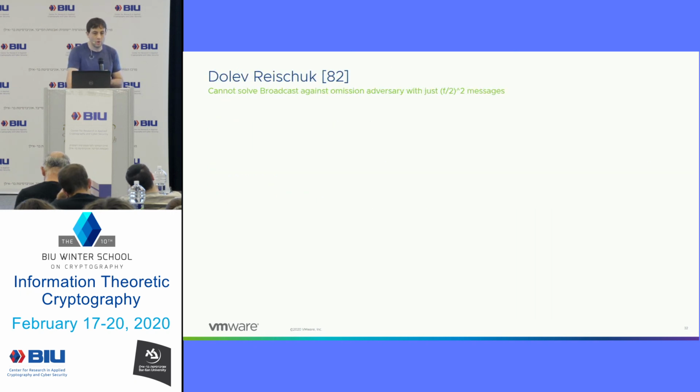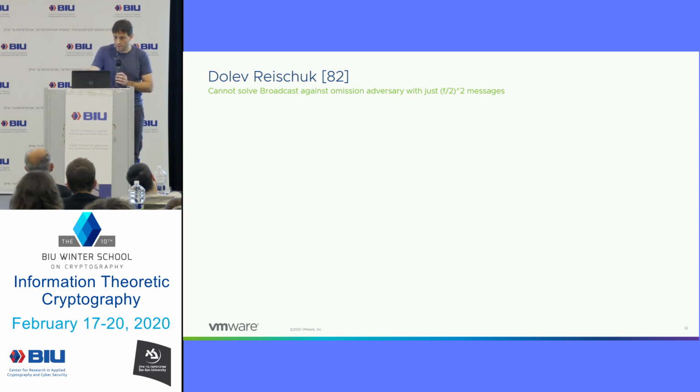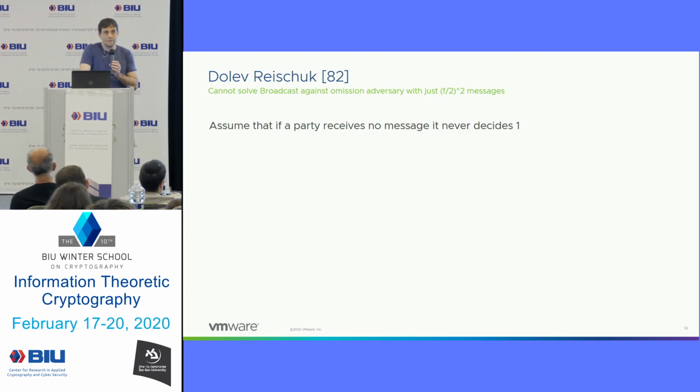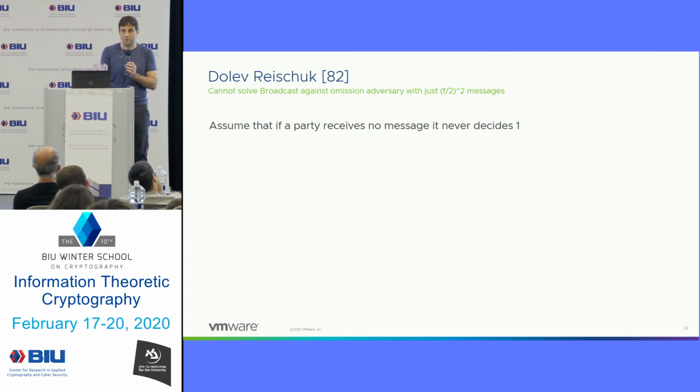This is the lower bound from 82, Dolev and Reischuk, which basically shows that you cannot have a protocol that sends less than a quadratic number of messages. In particular, if the number of failures is f, then you have to send at least (f/2) squared messages. For this lower bound, you give me a protocol, and I will be the adversary, and I will build an attack on this protocol.